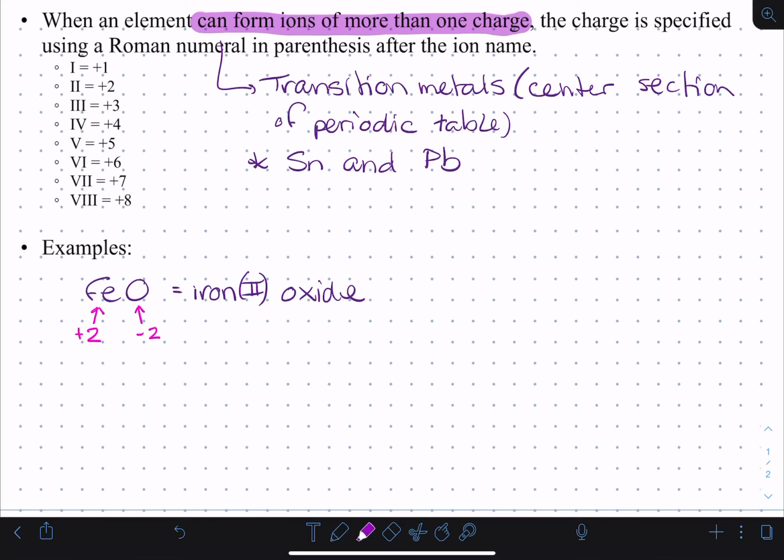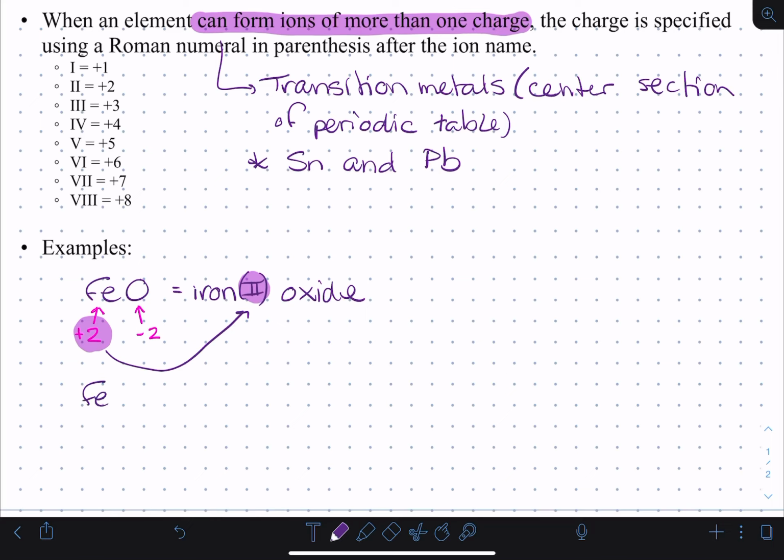So note that this corresponds to the charge on your ion. A lot of people get confused and think it's how many atoms there are, but that is incorrect. It's telling you that this iron has a +2 charge in this particular compound where it's paired with oxygen.